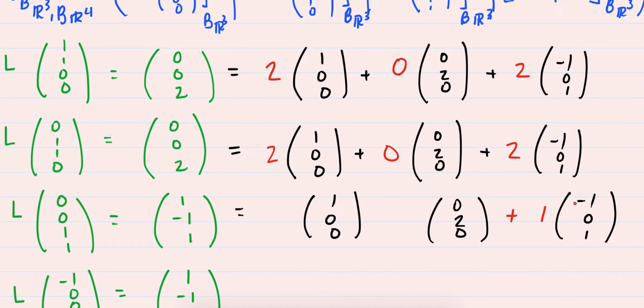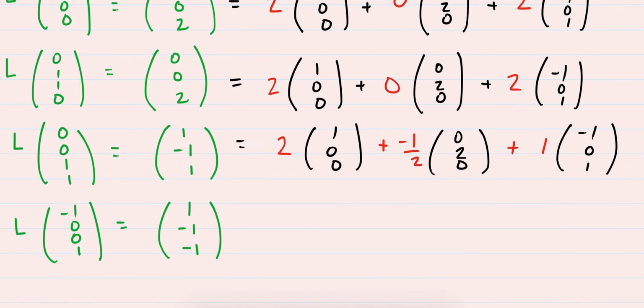So how do I make this a positive 1? If this is a negative 1, well, then this one has to be 2. Because then I'll have 2, 0, negative 1. So it gives me a 1. And then I get the 1 down here. But I need the middle one to be a negative 1, so that means that this has to be a negative 1/2 to cancel that 2. Okay, great. So I figured out the third column.